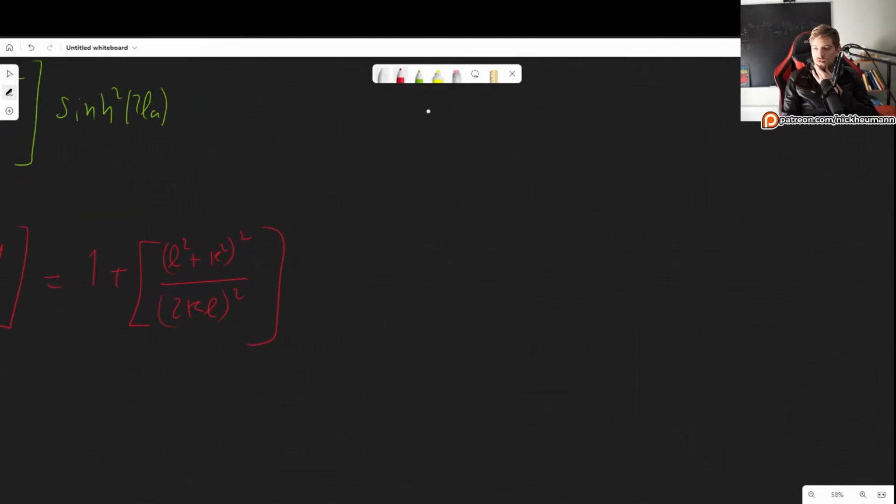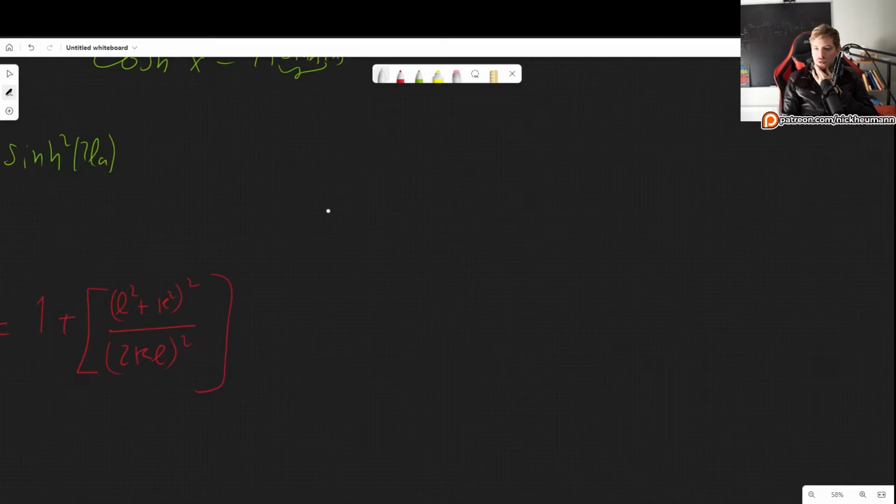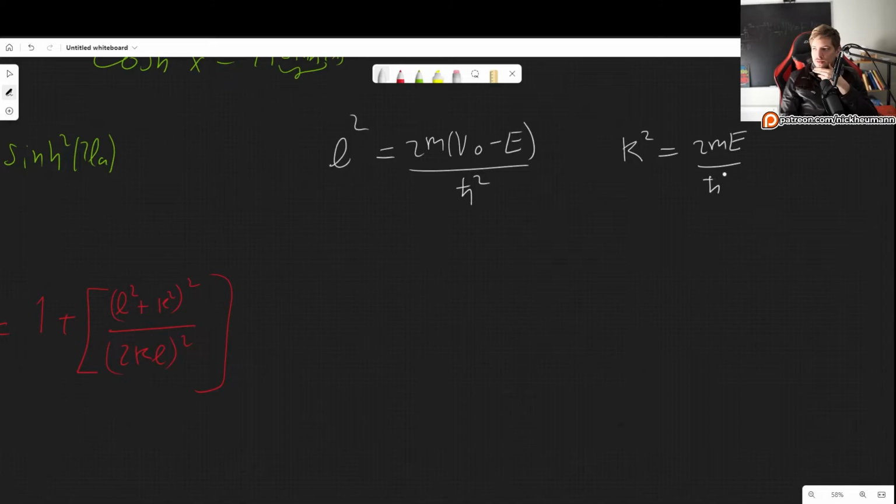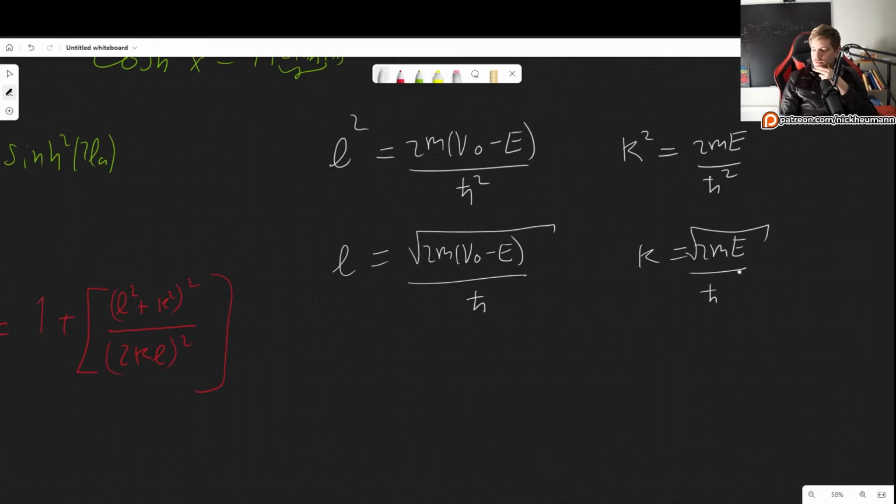So to find that, let's now go back to what L and K were. We defined L squared as 2m(V0 minus E) divided by h bar squared. And we defined K, I don't think we did it explicitly, but we did it when we solved the Schrödinger equation, as 2mE divided by h bar squared. And for that reason, of course, L is the square root of this. So L is the square root of 2m(V0 minus E) divided by h bar, and K is the square root of 2mE divided by h bar.